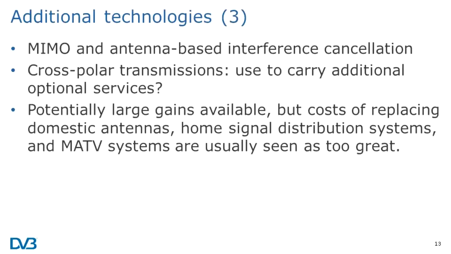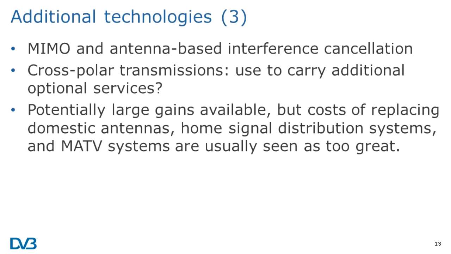What we're saying here is, in principle, because the signal is so rugged now, you can actually use the cross-polar transmission from the same transmitter to carry different services. So you might commercially, for example, want to keep the transmissions that you've already got on one polarization and put enhancements or additional services on the cross-polar signal.